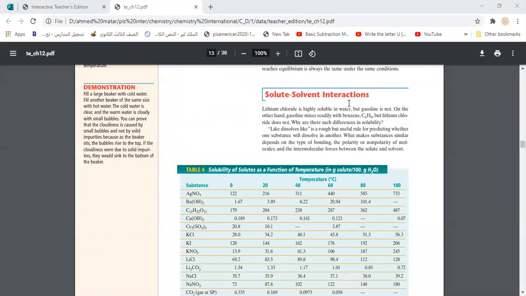It depends on the interaction between the solid and the solvent, based on the structure of the solid and the solvent. Simply, we find that most ionic solutes, that means the solid is already made of ionic compounds, where ions are already bonded to each other by ionic bonds, easily dissolve in polar solvents.